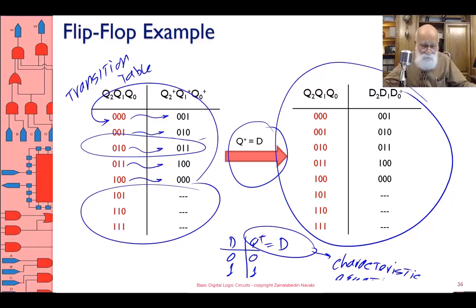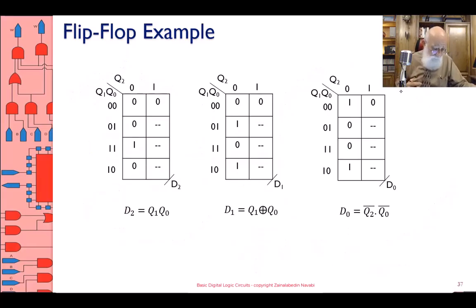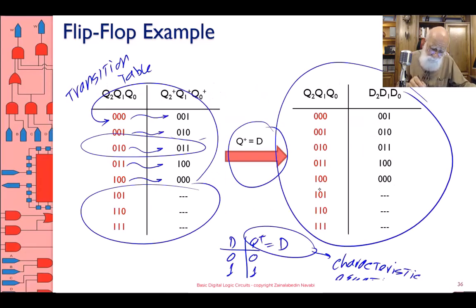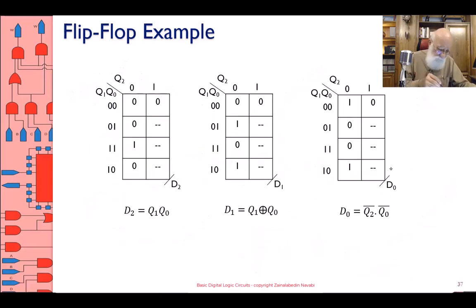So let's go and build this. I just turn that truth table into these 3 Karnaugh maps. Look, for example, present 0, 1, 1, D2, D1, D0 becomes 1, 0, 0. 1, 0, 0 becomes 0, 0, 0.